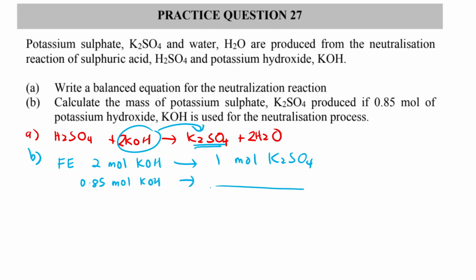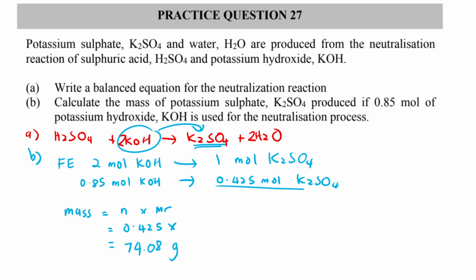Cross multiply: 0.425 mol. Then calculate the mass: mol times molar mass. 0.425 times the molar mass of K2SO4 gives 4.08 gram. Okay, so that's all for questions 21 until 27.